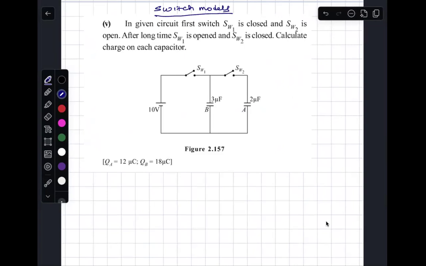Calculate the charge on each capacitor. The first step. What is the first step? Close SW1 and open SW2.